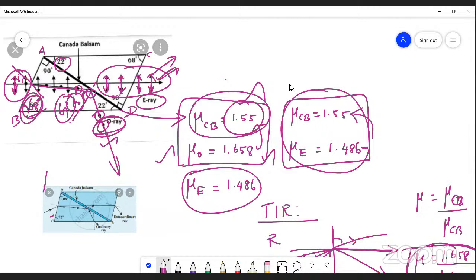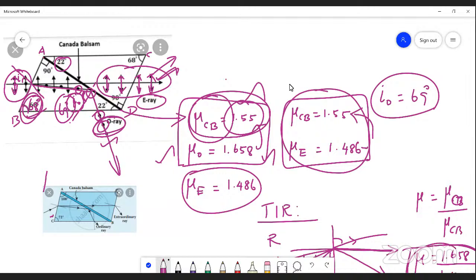The angle of incidence of the ordinary ray attains 69 degrees. Because the Canada balsam refractive index is 1.55 and the ordinary ray's is 1.658, the Canada balsam acts as a rarer medium for the ordinary ray. So the ordinary ray travels from denser to rarer.